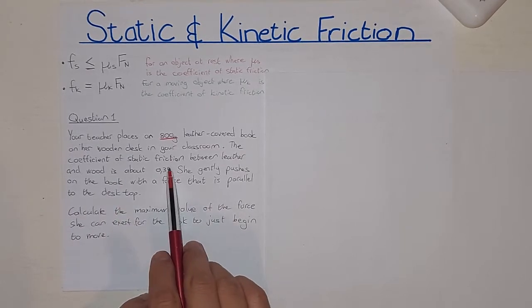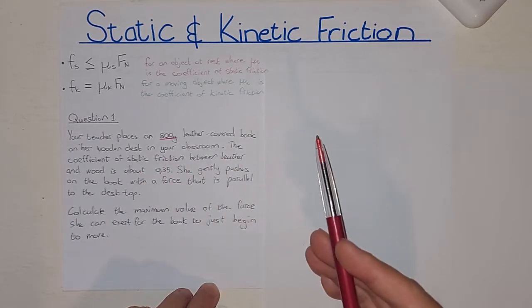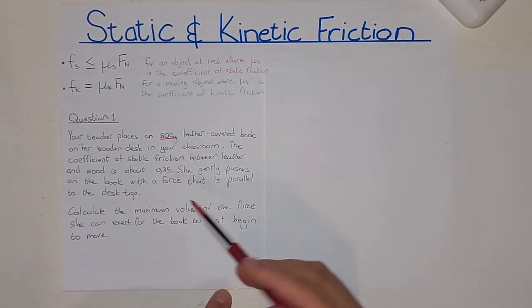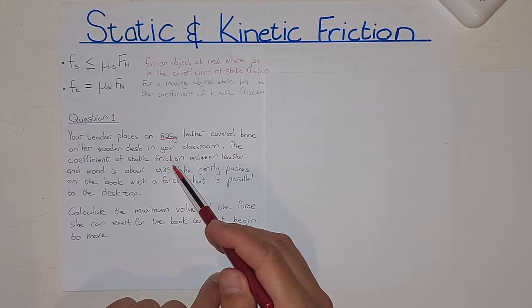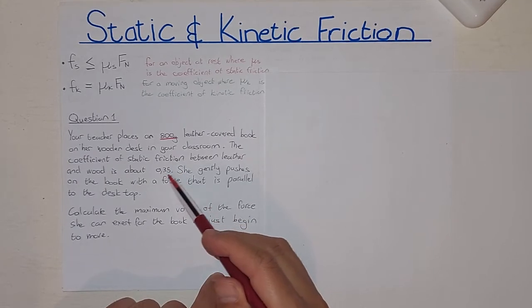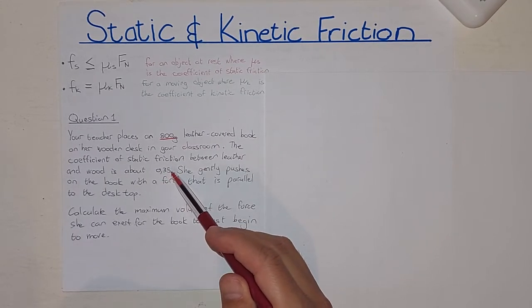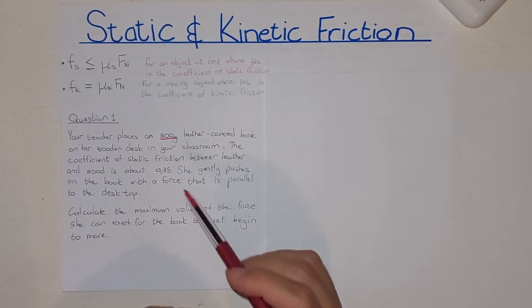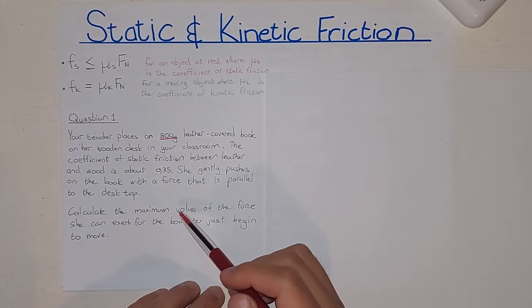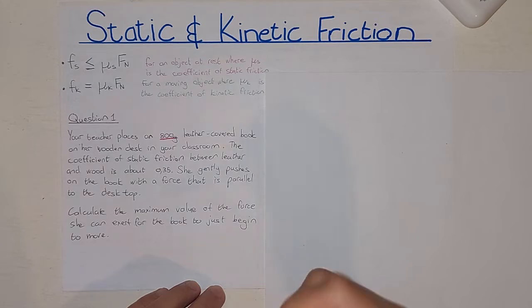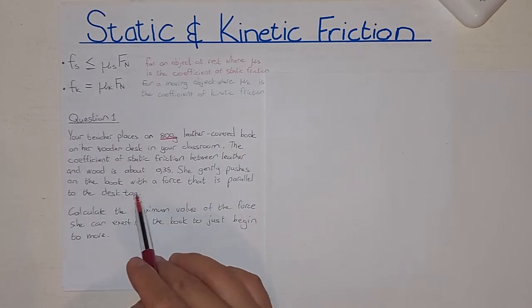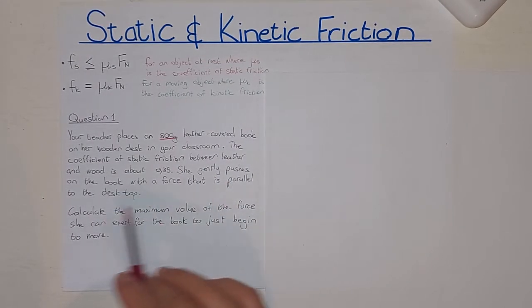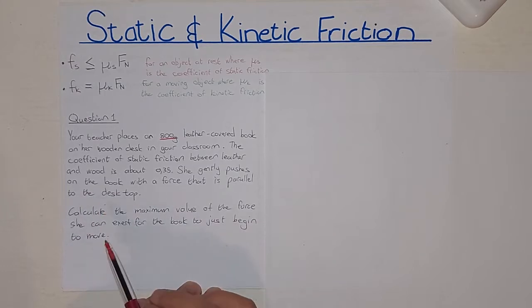So that's a good indication of whether it is a coefficient or an actual value of friction. If there is a newtons, we know that it is a force, but if there's nothing, just a 0.35, just a value without an SI unit, we know that it is going to be a coefficient. She gently pushes on the book with a force that is parallel to the desk top.